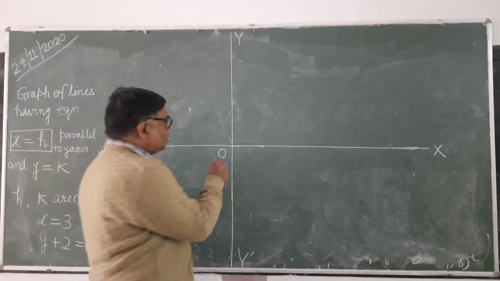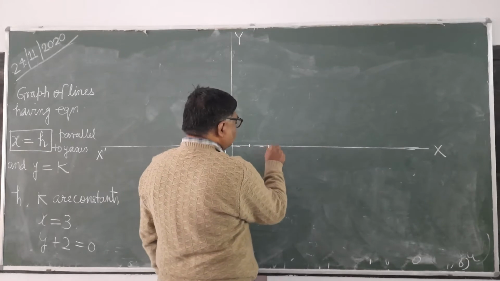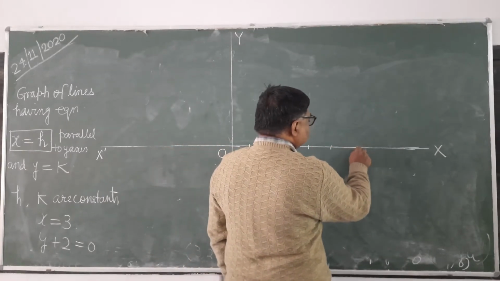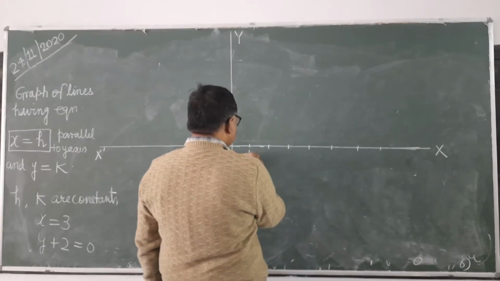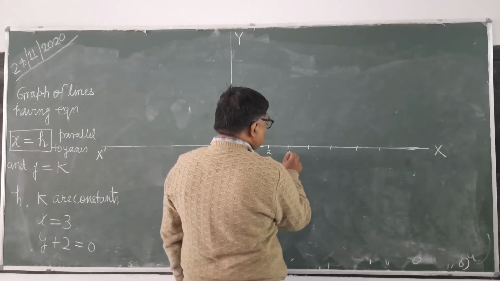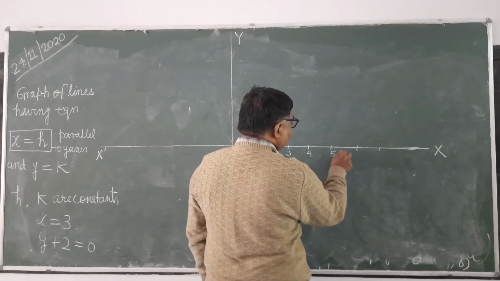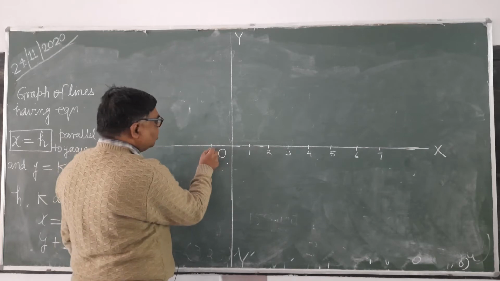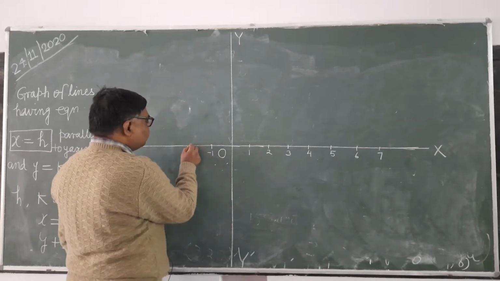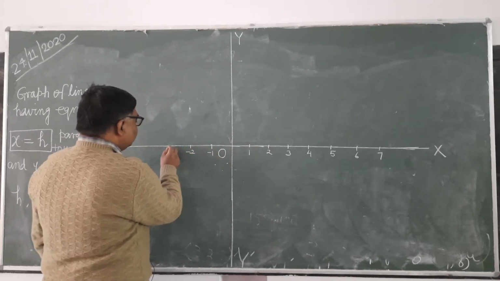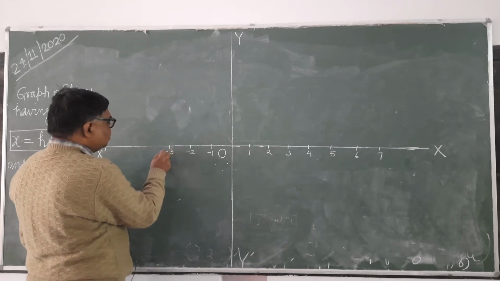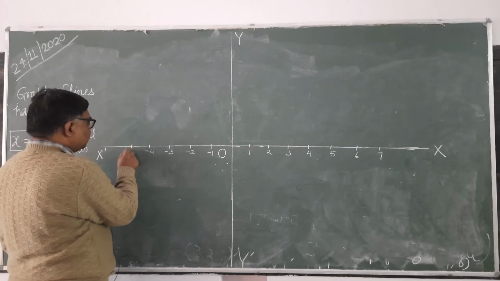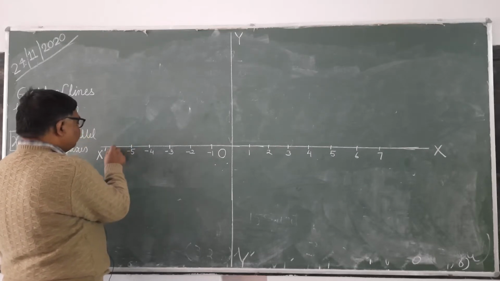Now see here, I have done the numbering 1, 2, 3, 4, 5, 6, 7, and -1, -2, -3, -4, -5, -6.